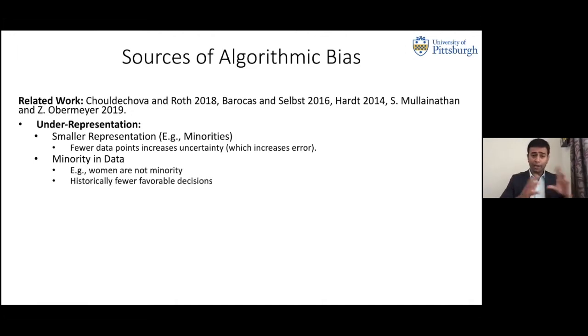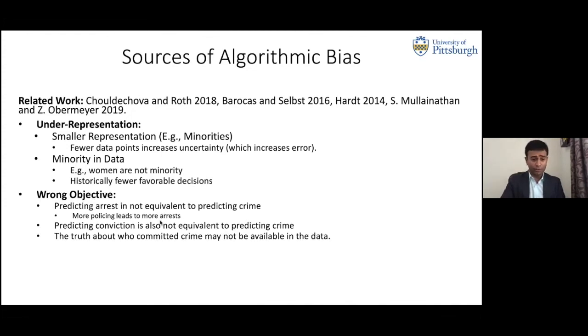So if you look at all that data, there will be fewer data points corresponding to females. Again, the same logic: because there are fewer data points corresponding to women, algorithms are less accurate about them, and it makes more errors about them. So this is the most common source of algorithmic bias.